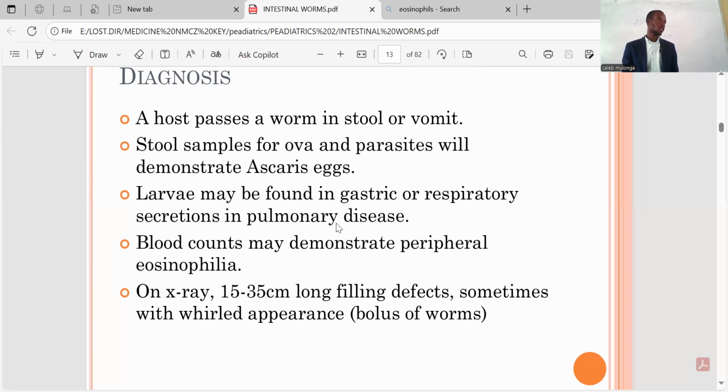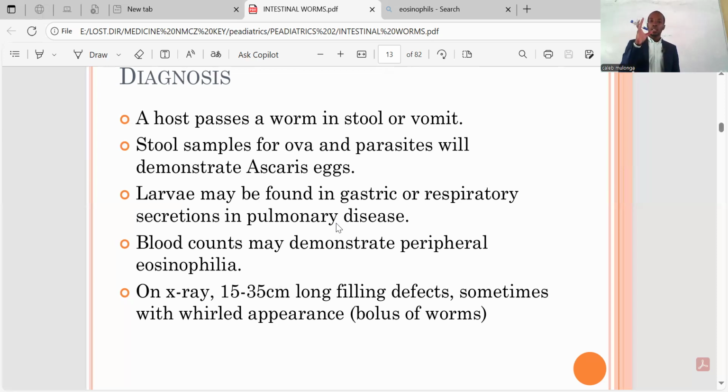We can also put one more, which is gastric or respiratory secretions. When we talk about respiratory secretions, we mostly refer to sputum or a throat swab in children. Here you are going to see presence of the larva in gastric or respiratory secretions.